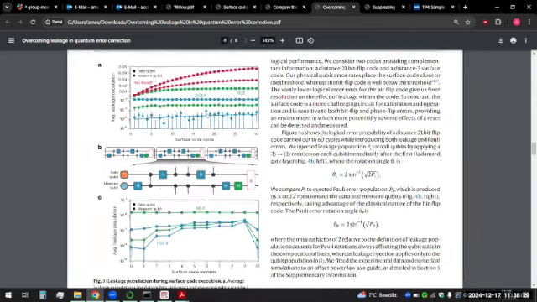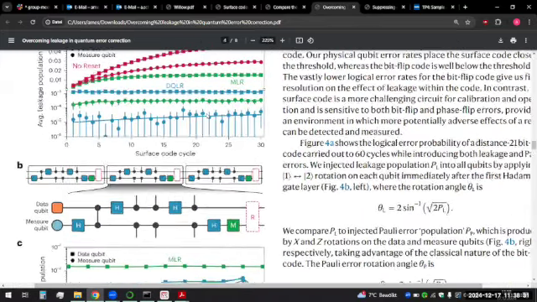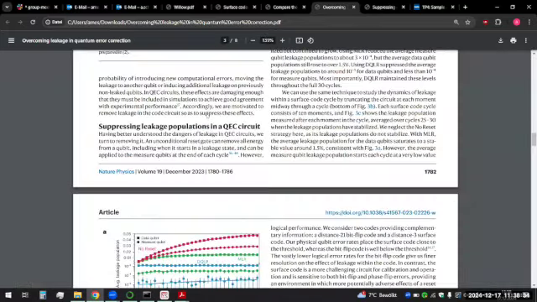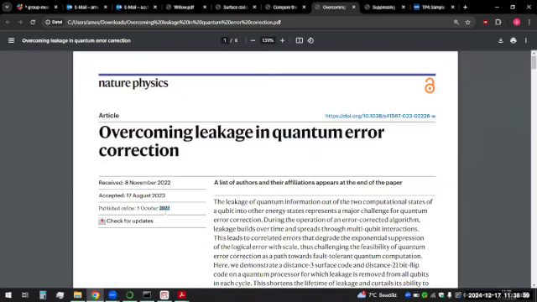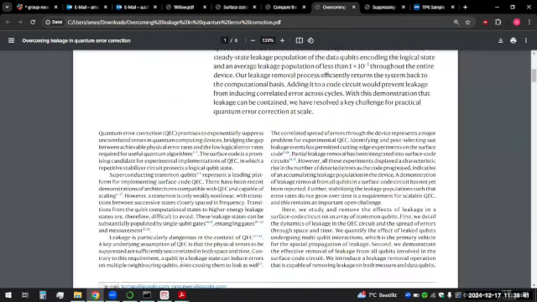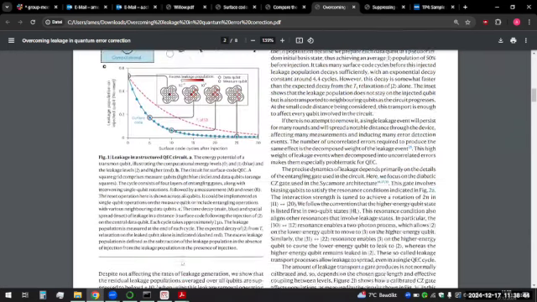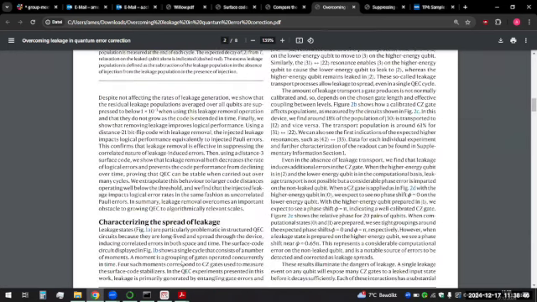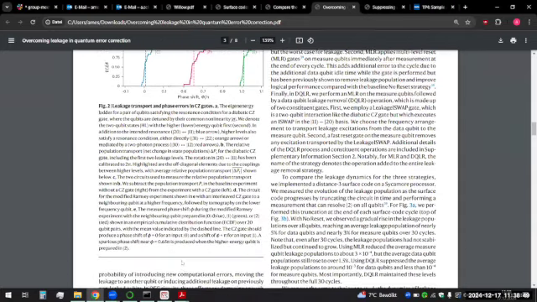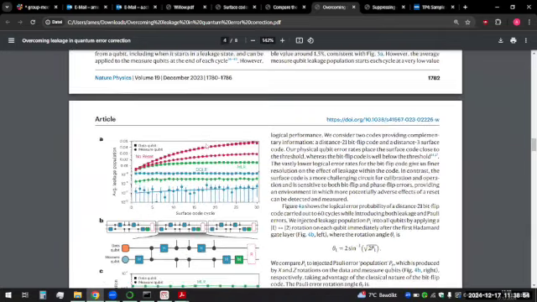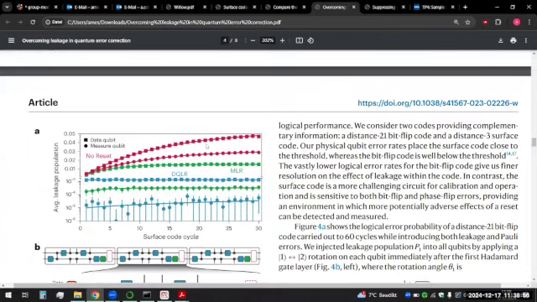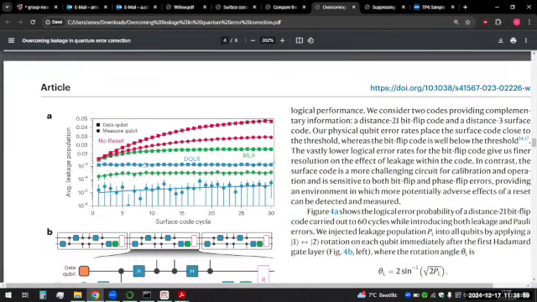So here in this paper, this is I think the 72 qubit chip. So this is from October 2023. And here they compare different methods of how to lessen the impact of leakage on your system.